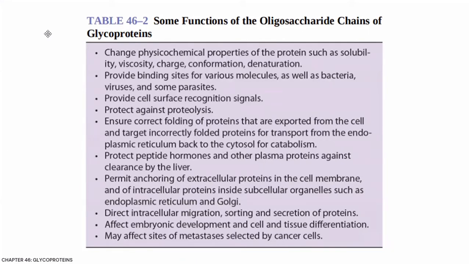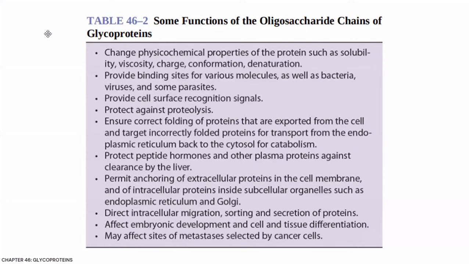This also protects peptide hormones and other plasma proteins against clearance by the liver. You know, the liver does a lot of things. It is the center of, remember our topics, xenobiotics.